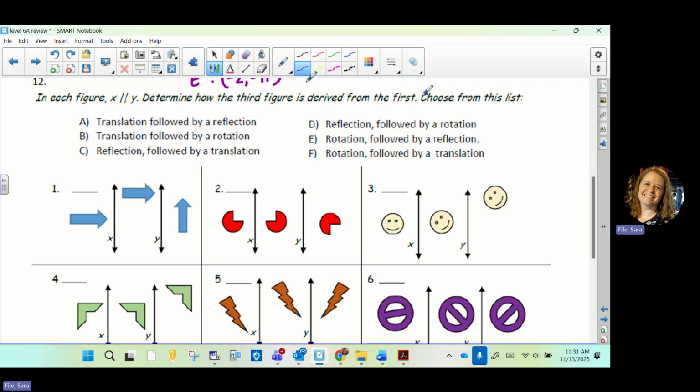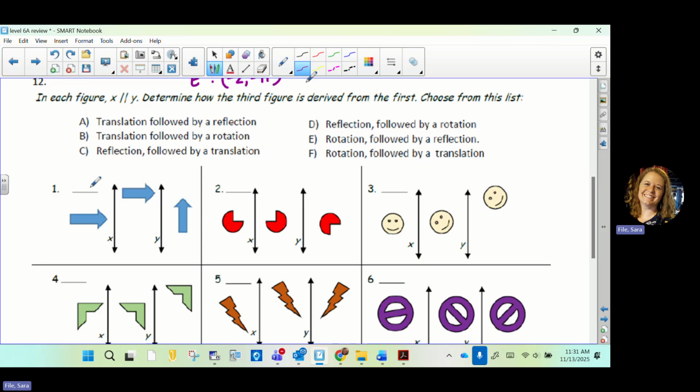So it's a 2-step process. You have your pre-image, and then one transformation, and then a second transformation. Does everybody understand? That's why there's 3.